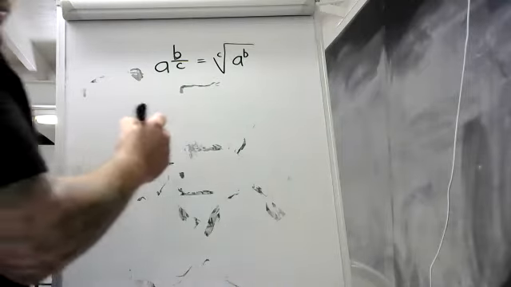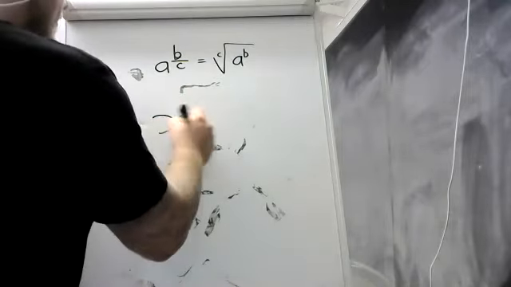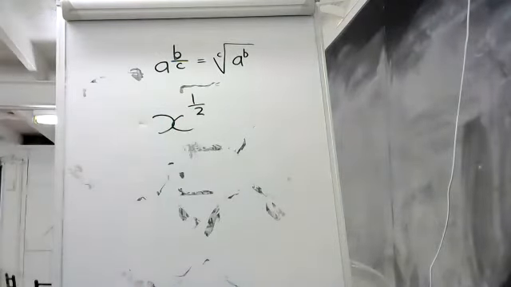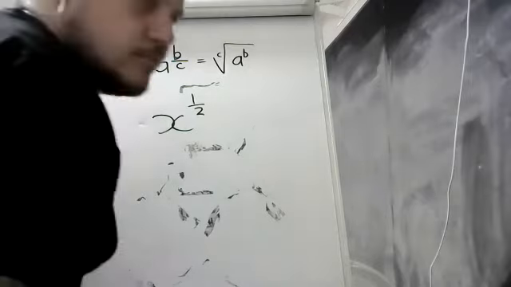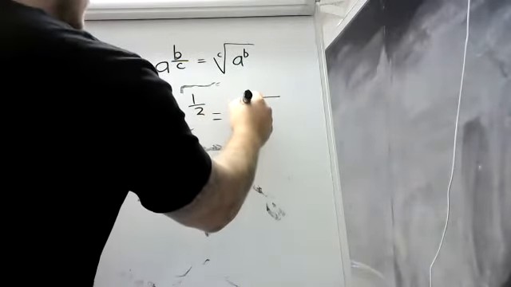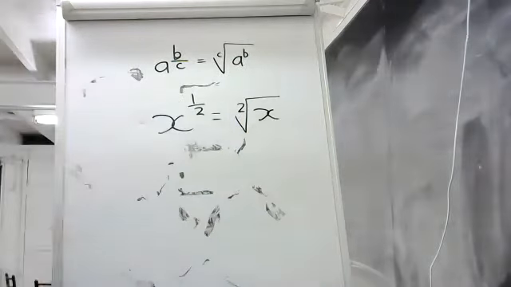So if we had x to the power of half, how would we display that as a square root? The square root of x to the power of 1, which is just x, and then outside the thing is 2. Exactly like that. Perfect.